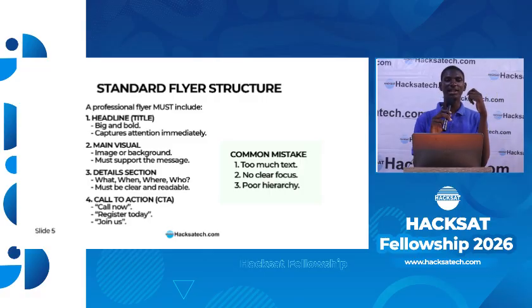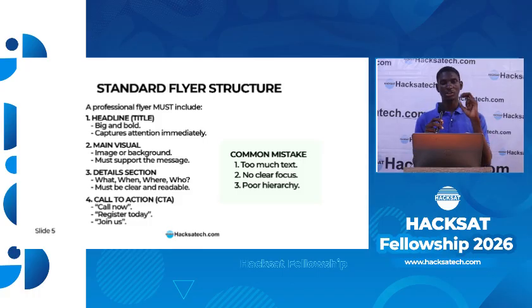You cannot design a flyer where the image or the background does not support the message you are passing. It is the standard of a flyer for you to use an image and background that go in line with the words, with the message that the flyer is trying to pass.